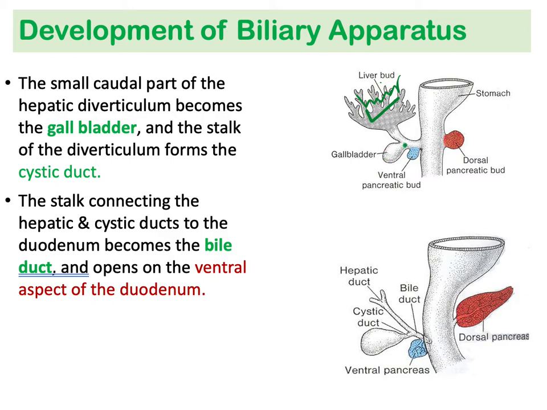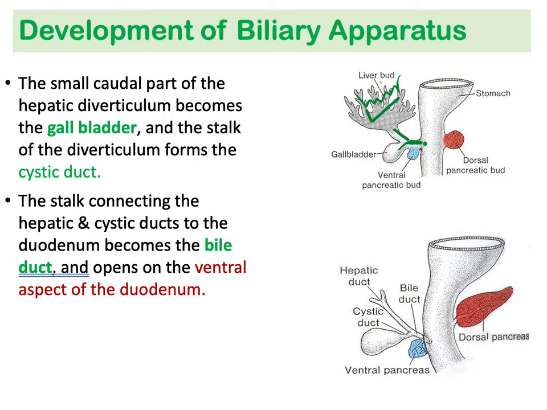This is the gallbladder and this is the cystic duct, and here the stalk connecting the hepatic duct and cystic duct becomes the bile duct that will open into the duodenum.